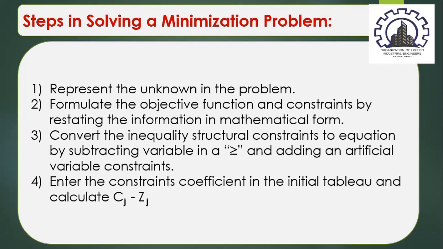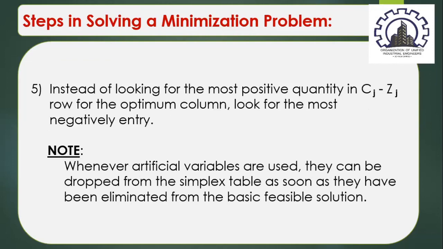And lastly, instead of looking for the most positive quantity in the C sub j minus Z sub j row for the optimum column, look for the most negative entry. And take note, whenever artificial variables are used, they can be dropped from the simplex table as soon as they have been eliminated from the basic feasible solution.